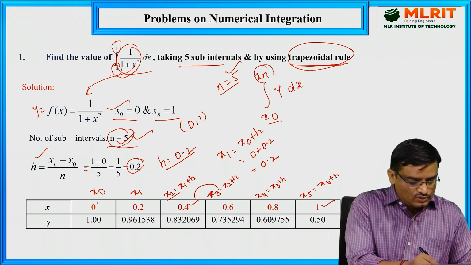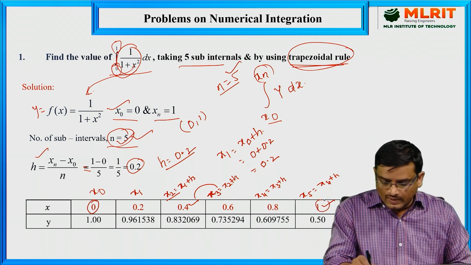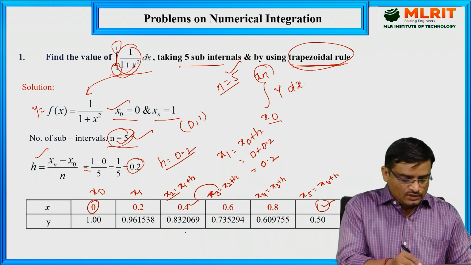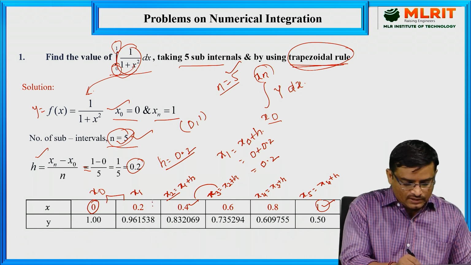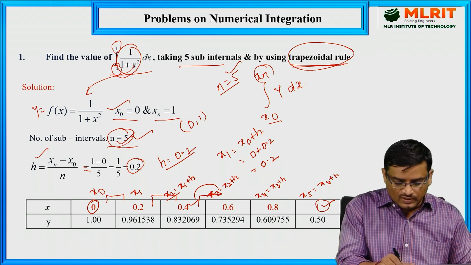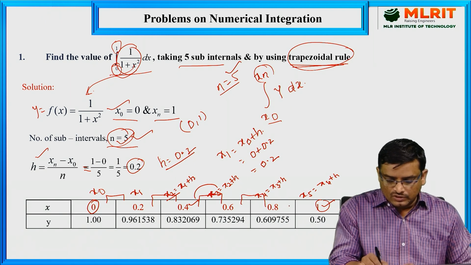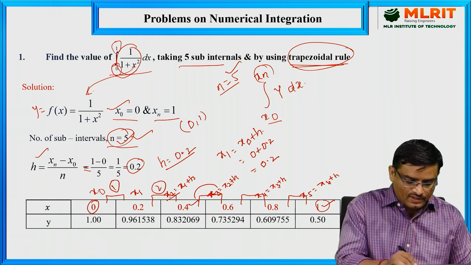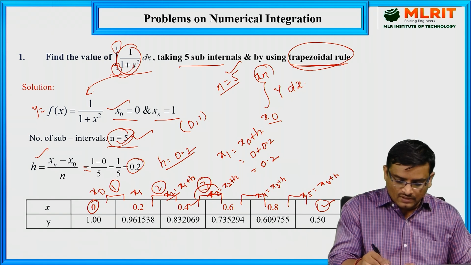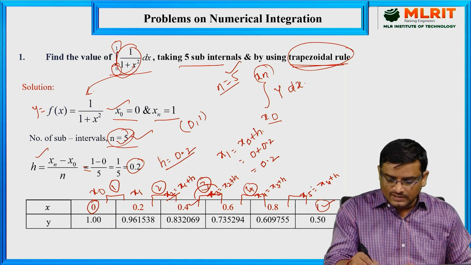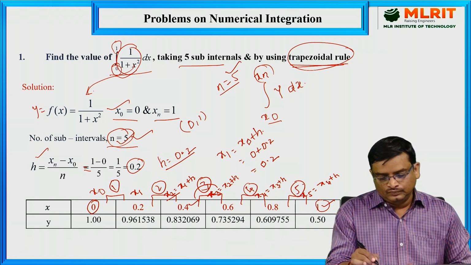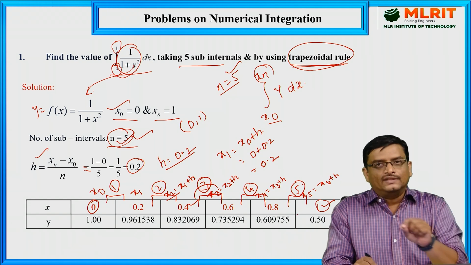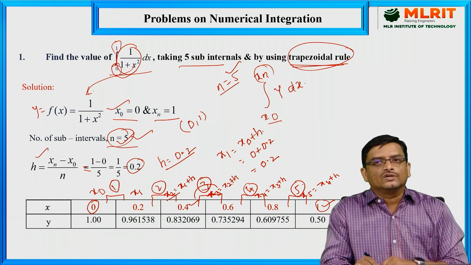So from 0 to 1, we have to divide into subintervals. This is one subinterval, and this is one, and this is one. Totally we have 5 subintervals: first, second, third, fourth, and fifth subinterval. Like this, we divide the interval 0, 1 into 5 subintervals.